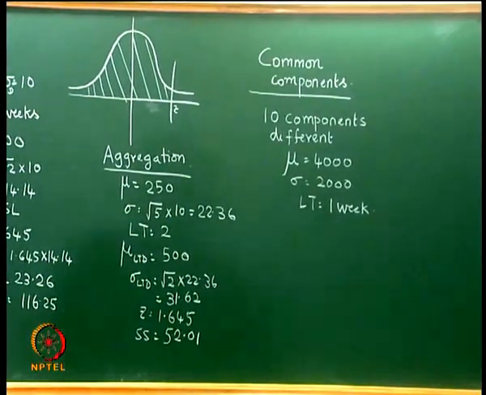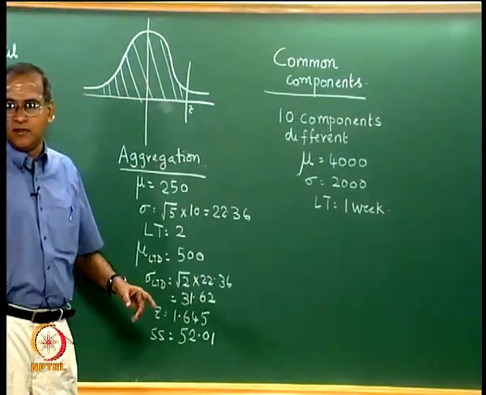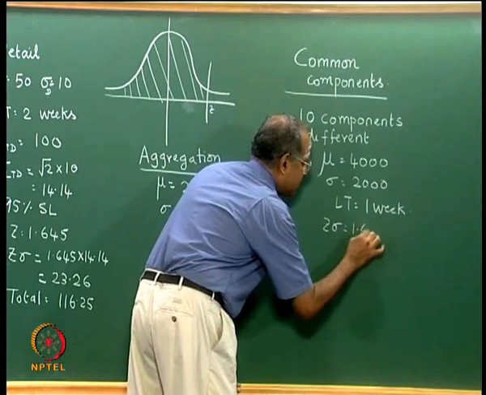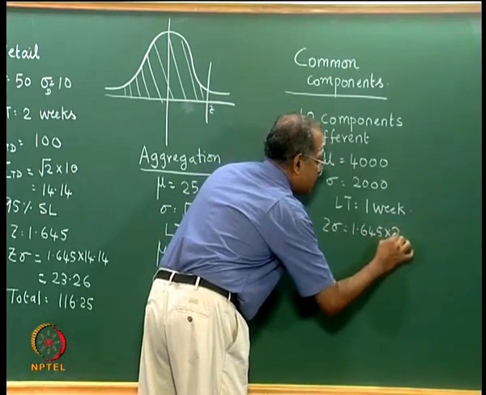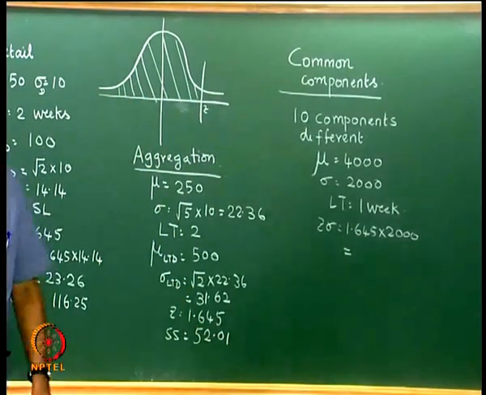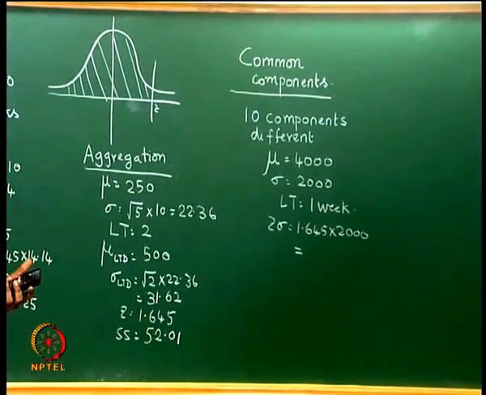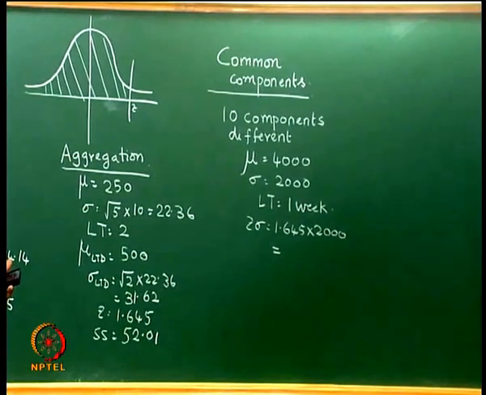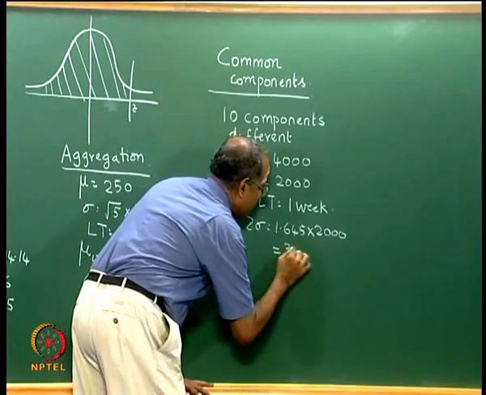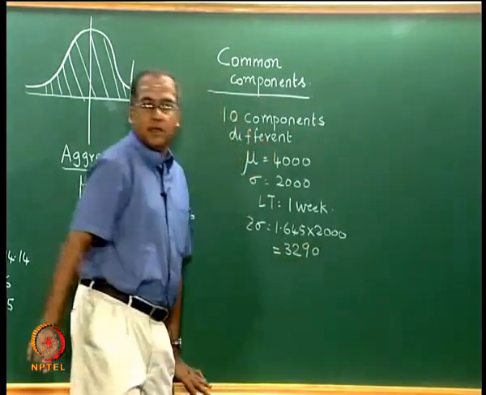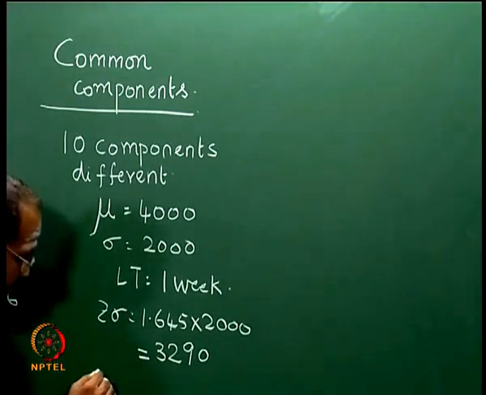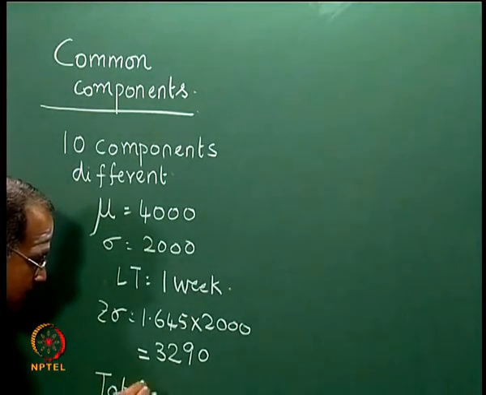Now, in order to maintain a 95% service level, your safety stock is Z sigma, which is 1.645 into 2000, which becomes 3290, and for 10 different components the total will become 32,900 items.